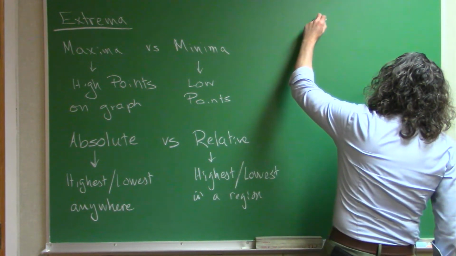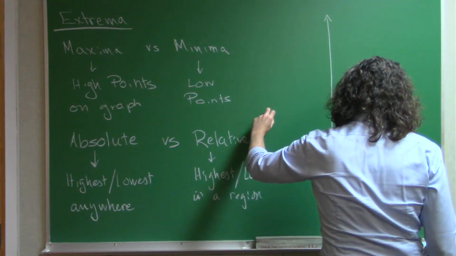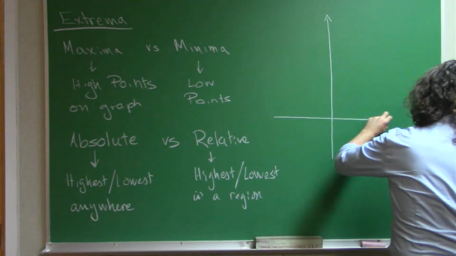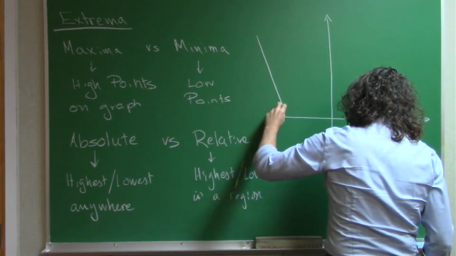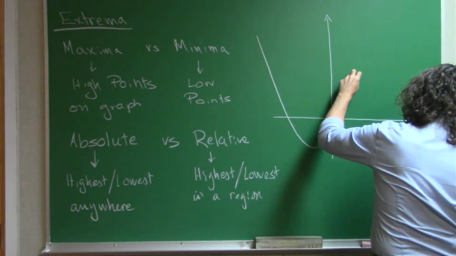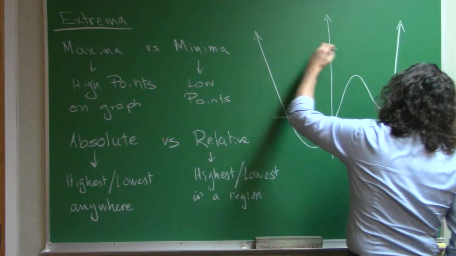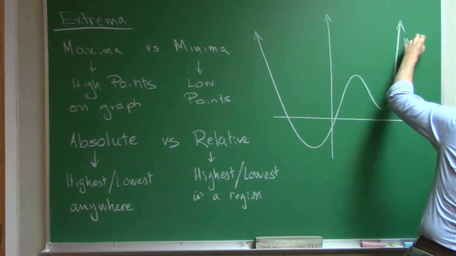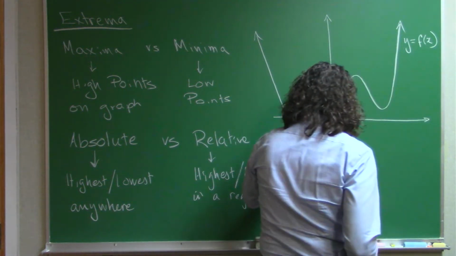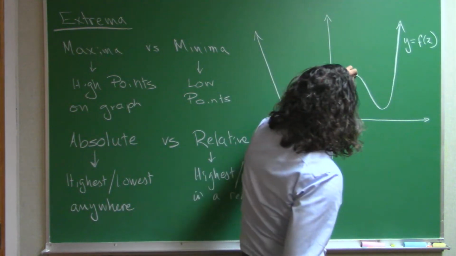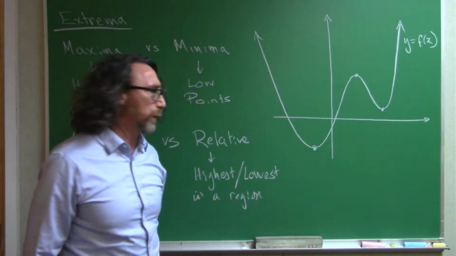Let's just do a quick example. Let's draw a curve here. So this is my graph, y equals f of x. In fact, let me be a little more specific, and I'll put coordinates on these points.